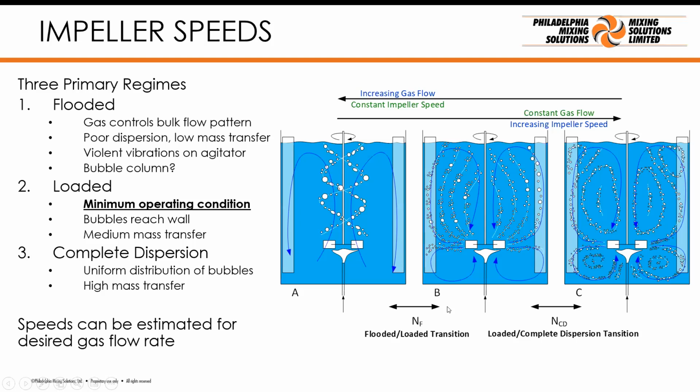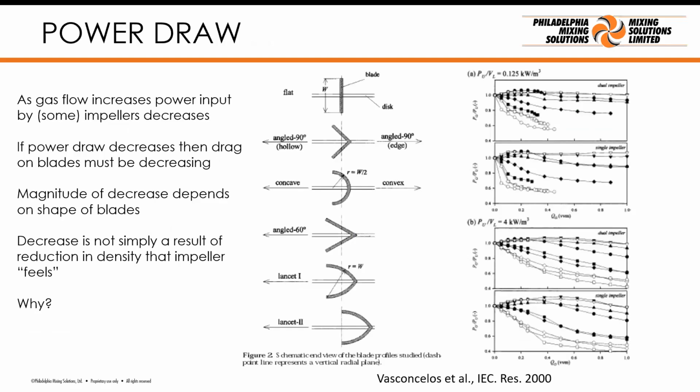I haven't got the correlations in the talk, in the interest of time, but we can predict the flooded and complete dispersion speed for different types of impellers. Now, when we turn the impeller on, for some impellers, the power drops. On this y-axis is the gassed to ungassed power for the impellers.